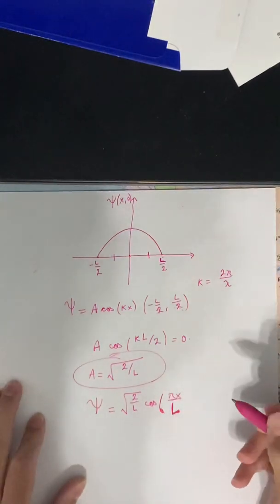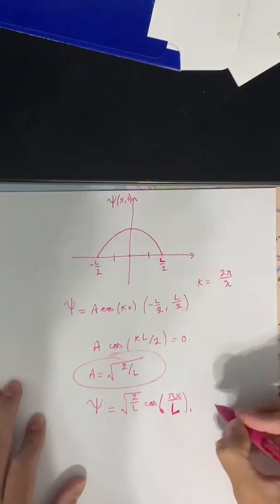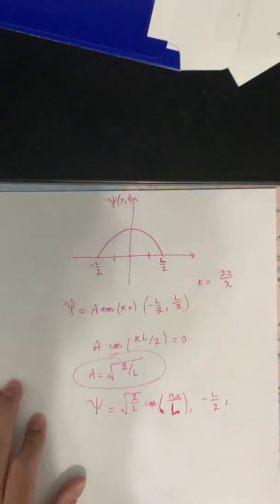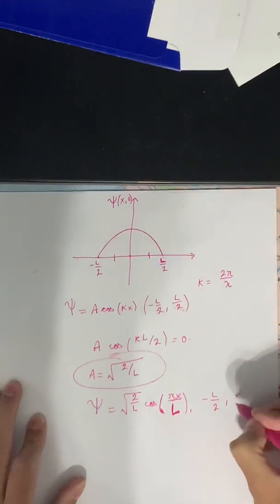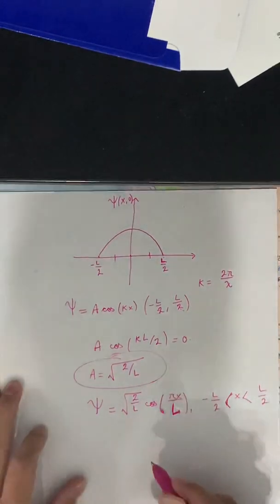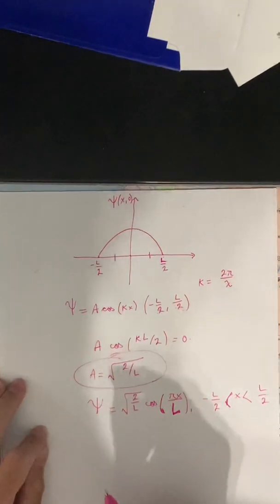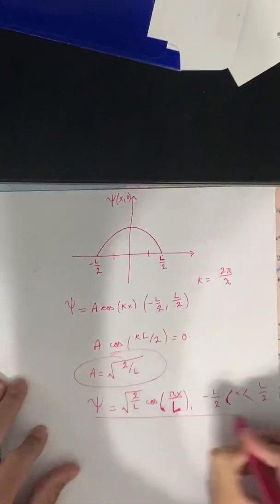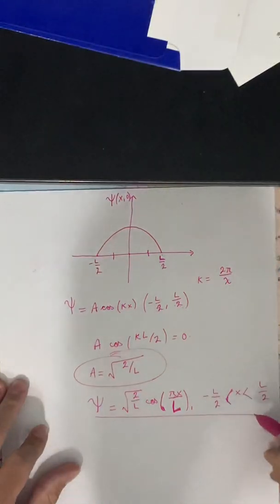And this is true for minus and positive L over 2. So this is what we know is our wave function from these position values.